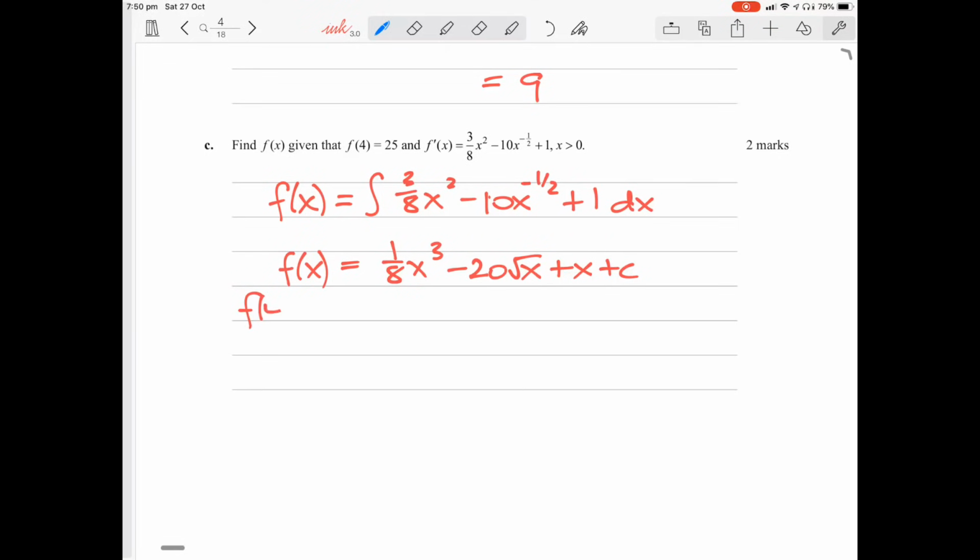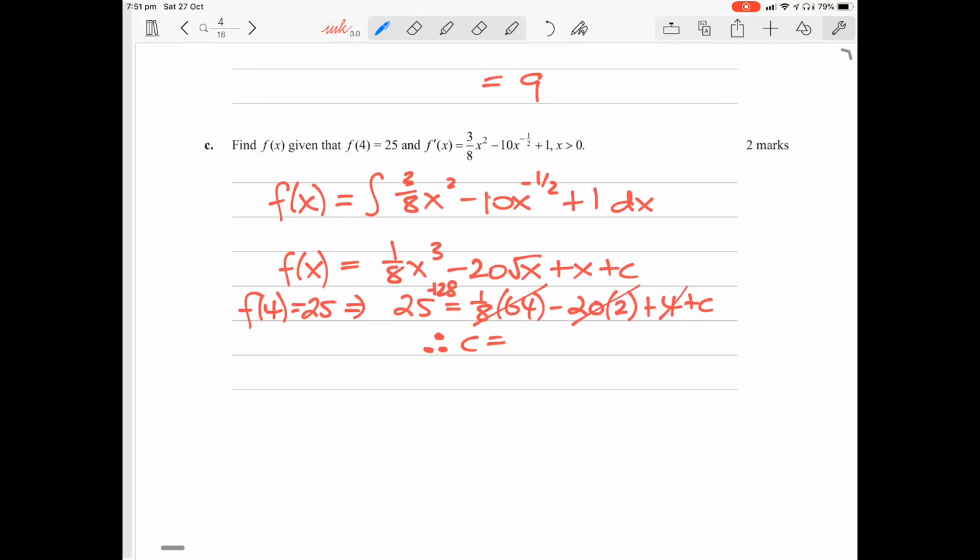And we know f of 4 equals 25. So we're going to get 25 equals 1 on 8 times 64, because 4 cubed is 64, minus 20 times the square root of 4, which is 2, plus 4 plus c. Therefore, c is equal to, that's 8 minus 40 is minus 32, plus 4 is minus 28.